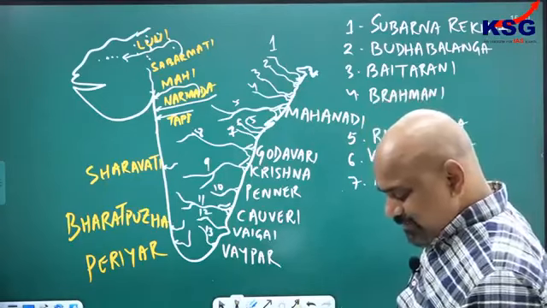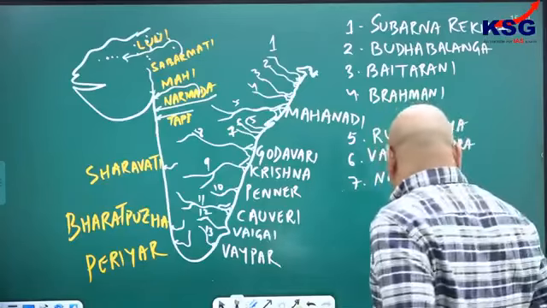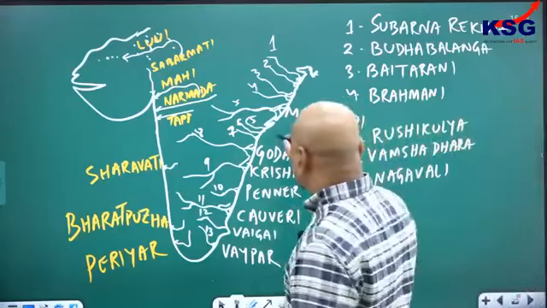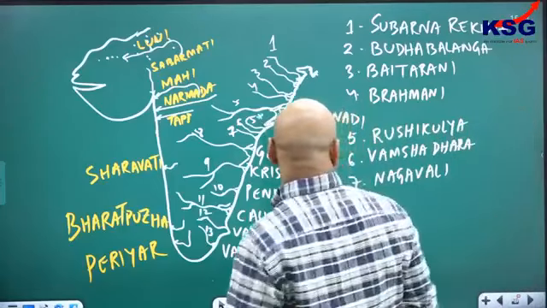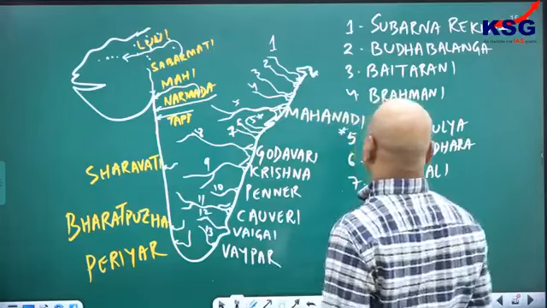Okay, thank you, thanks. Okay, we'll do one thing. Let us make one of them 5 star. One is 5, another one is 5 star. Okay, river 5 is Mahanadi, 5 star is Rushikulya.